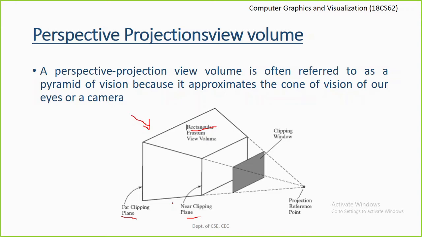There is a particular angle or field of view for a given camera lens. If you want to capture more, we need to change to a wide angle lens and so on. Depending upon the field of view, we can decide the frustum for a given perspective projection view volume. So remember, the shape of this view volume is a rectangular frustum.